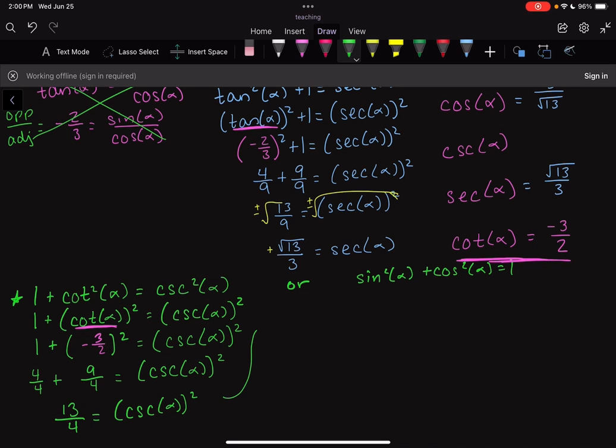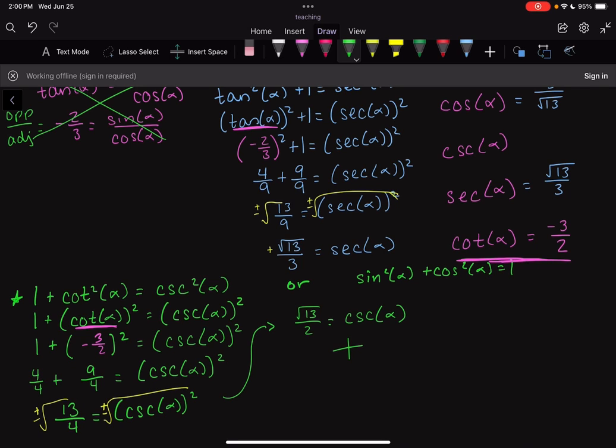I don't really want to have to scroll down more, so I'm going to come over here. Next, I take the square root of both sides. Be careful when you take a square root, it really is plus or minus. So this would be root 13/2 equals cosecant alpha. Now the sign that we pick is going to depend on the quadrant.